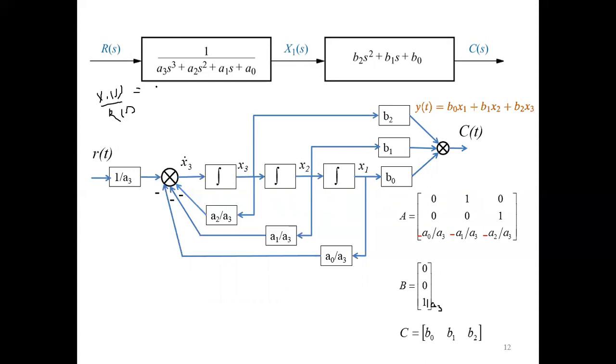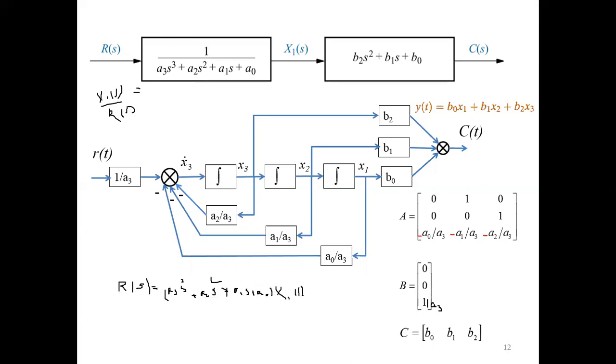This will be multiplied with x1 to give r of s. So we can write r of s will be equal to a3 s cube plus a2 s square plus a1 s plus a0, into x1 of s.